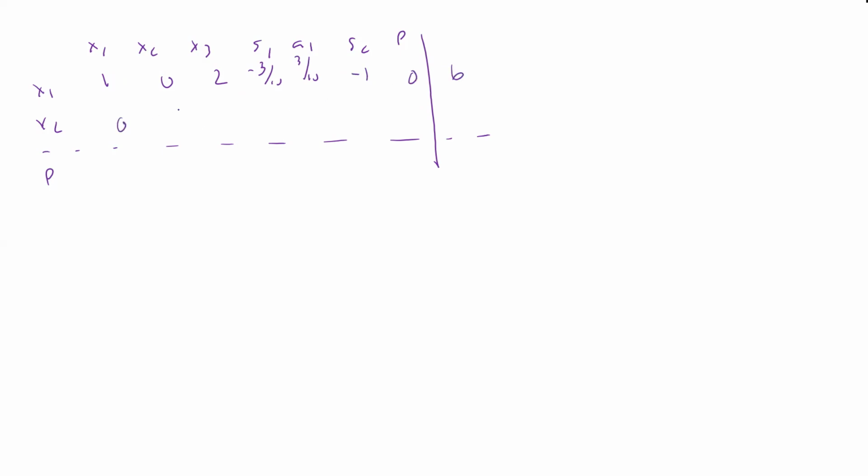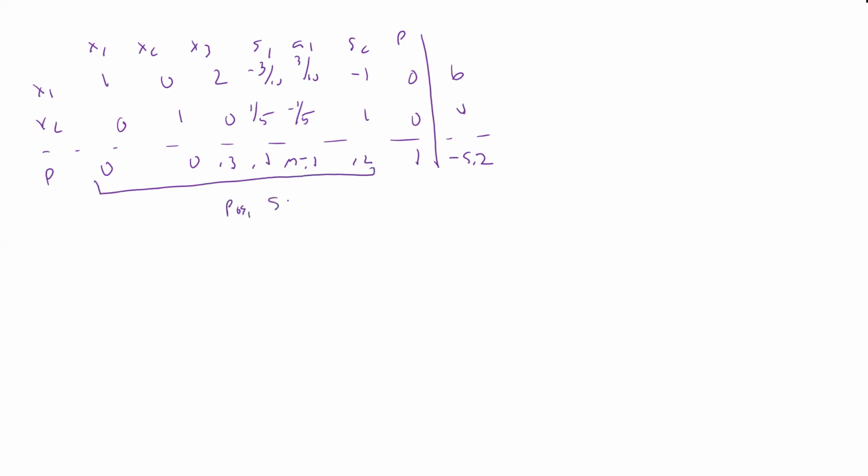That's still 0, 1, 0, 1/5, minus 1/5, 1, 0, and a 4. That one better be 0, 0. Now that's going to be what? A 0.3. And that's going to be a 0.1. And minus 0.1. 0.2. 1. Negative 5.2. All right. So I think that's it. Now, guess what? Those are all positive, and so we stop.